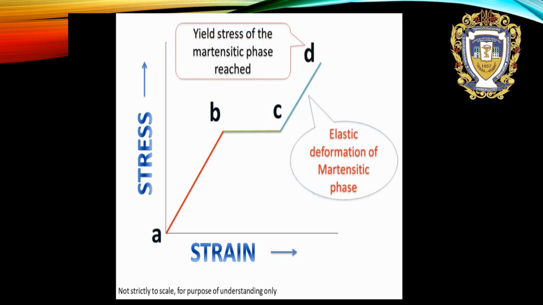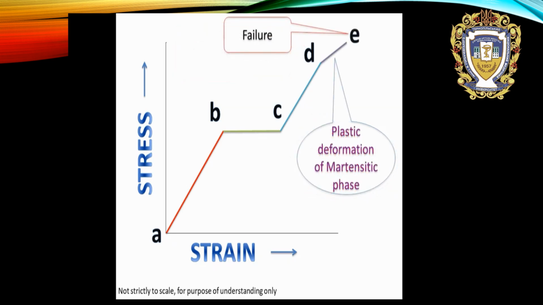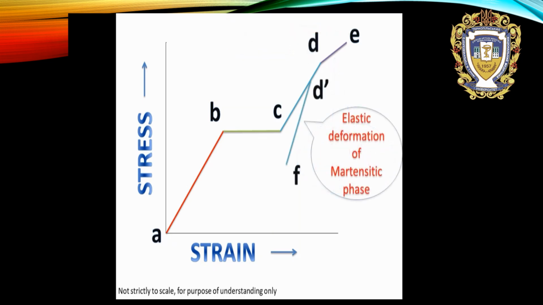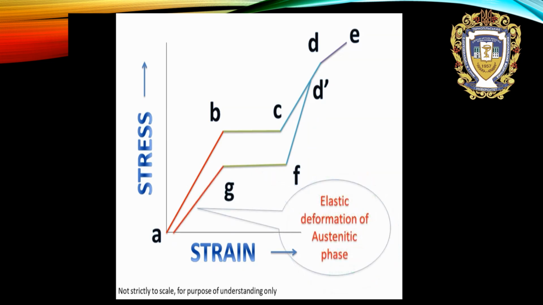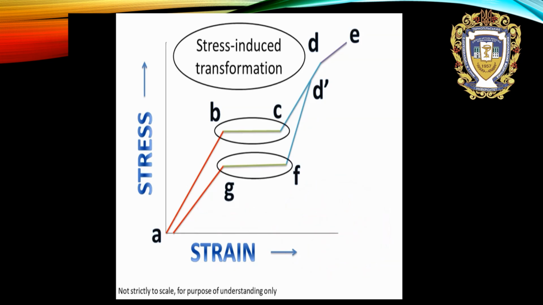Segment CD shows elastic deformation of the martensitic phase, followed by segment DE corresponding to plastic deformation of the martensitic phase, with failure occurring at point E. During unloading or deactivation, the sequence of events is reversed, with segment DF corresponding to loss of elastic strain in martensitic nitinol, followed by transformation back to austenitic nitinol, and finally loss of elastic strain in austenitic nitinol. Segments BC and FG correspond to stress-induced transformation.